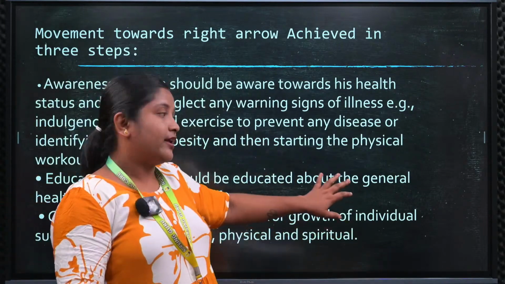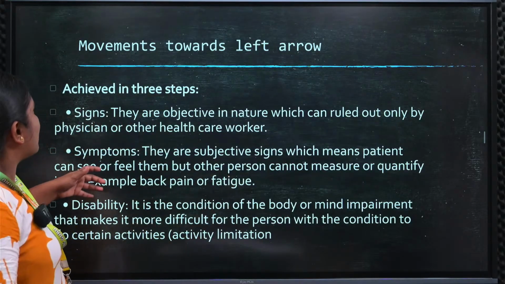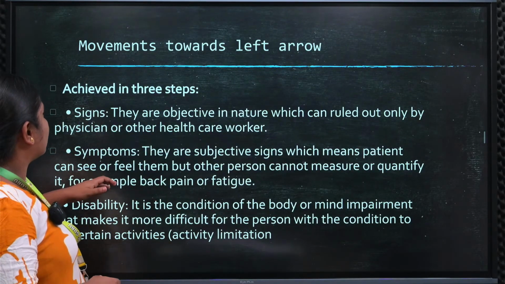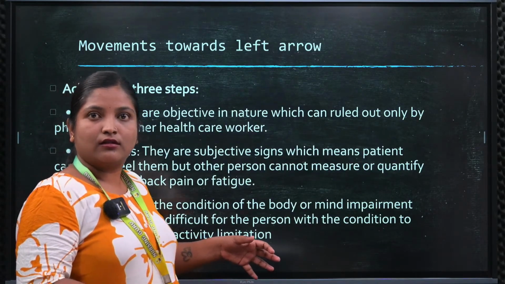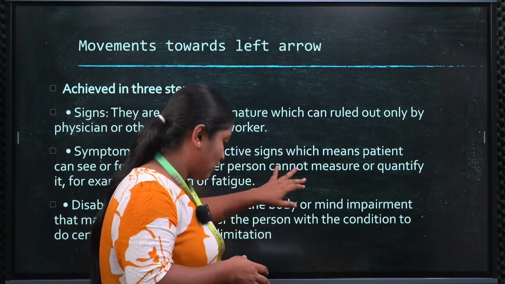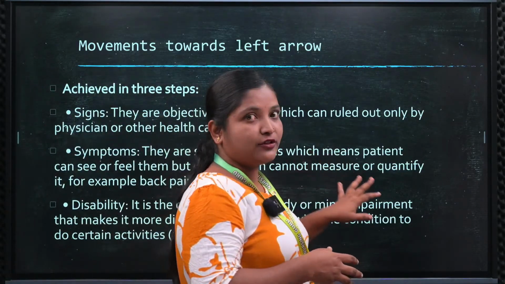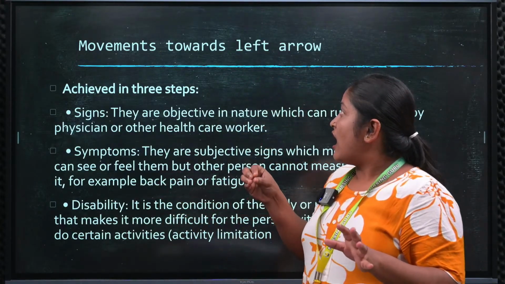Next we can move towards the illness continuum. We have already taught you that it is all about the treatment paradigm. You can see over here how this is achieved.